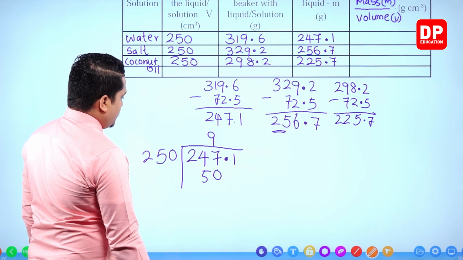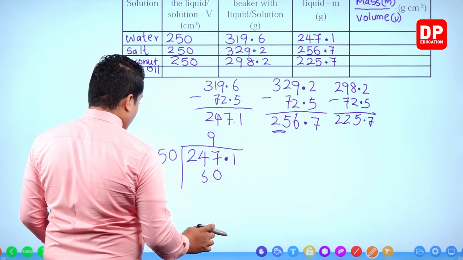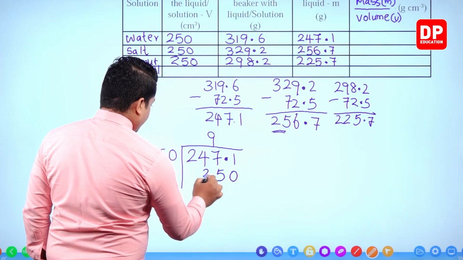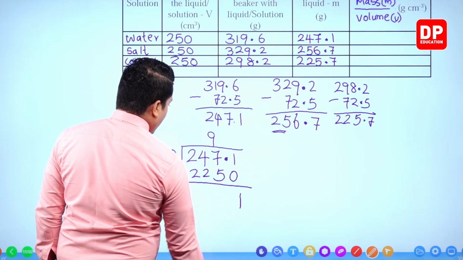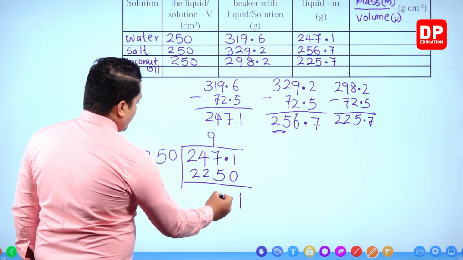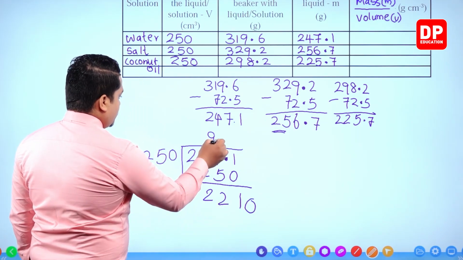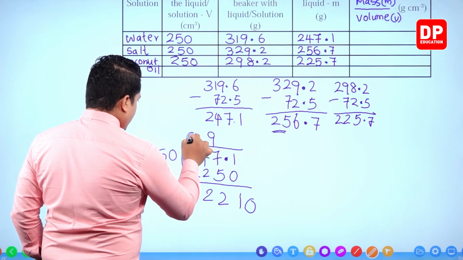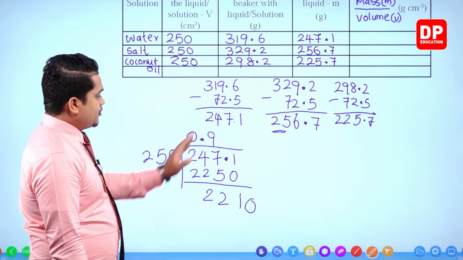Make the subtraction, 2, 2, 0. You put the decimal then, right? So it should be over here, because you took the decimal one.